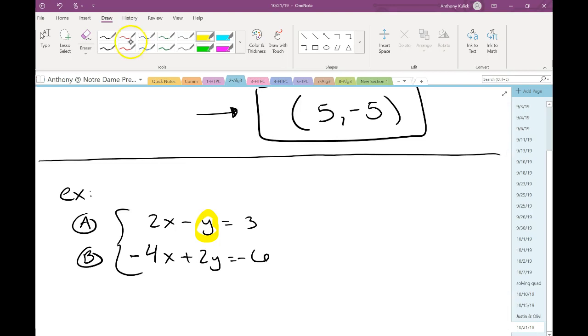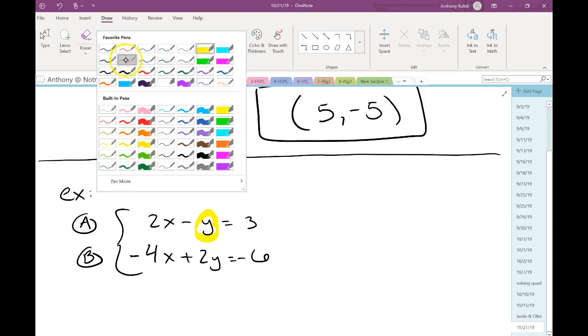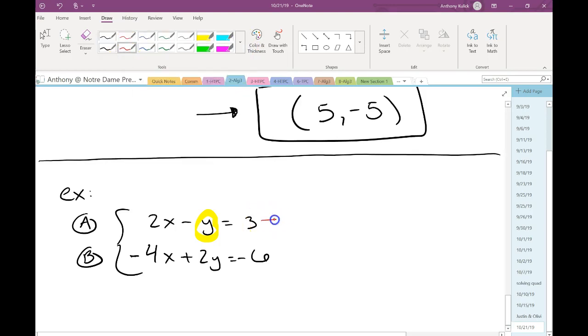That's a good safe pick there. That's probably what I would have chosen. So to get the y by itself, we'd subtract 2x from both sides and then divide by a negative 1. To give us y equals 2x minus 3, and we'll call that equation C.